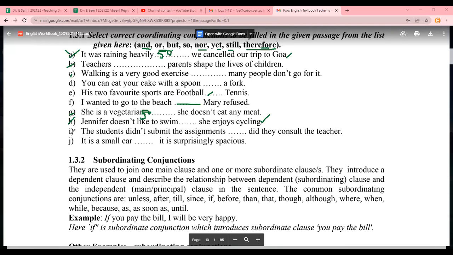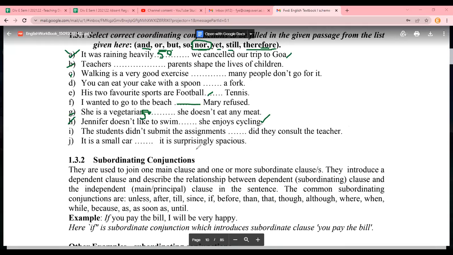Number I: the students did not submit the assignments, dash, did they consult the teacher? Therefore? How therefore? So I think you can think of nor.